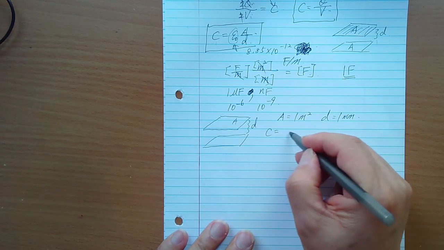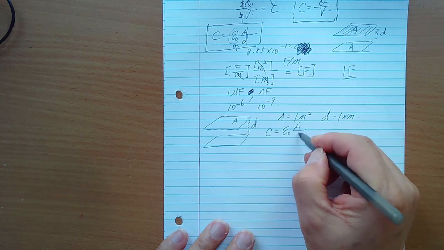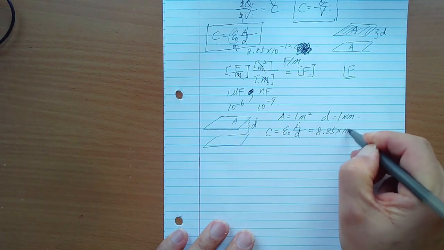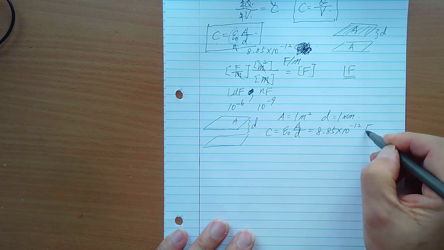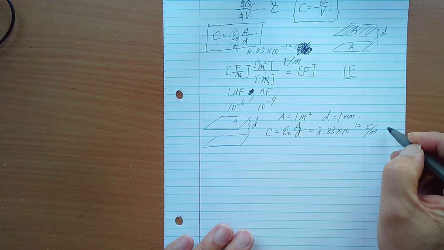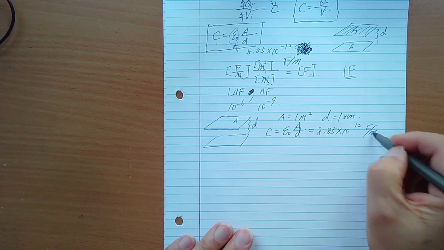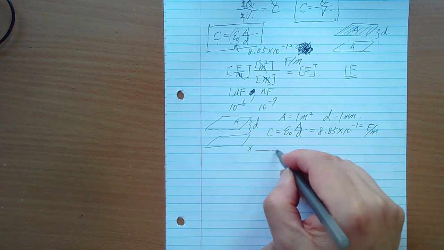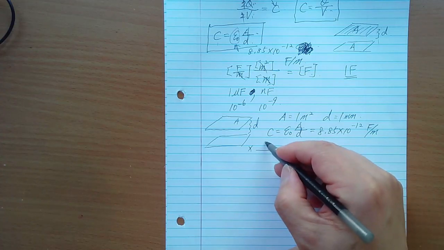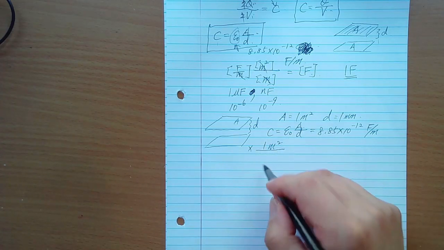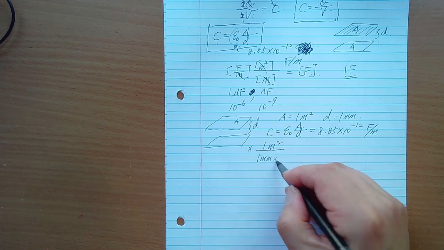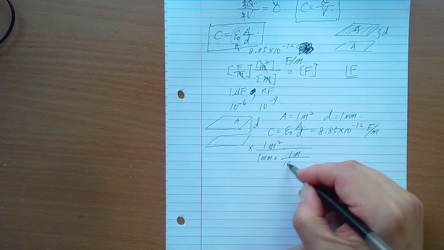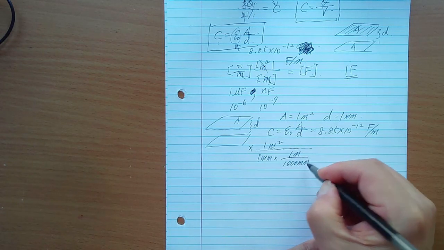So C again equals epsilon 0 A over D, which is 8.85 times 10 to the negative 12 F per m, times A, which is 1 meter squared, over D, 1 millimeter, and we know 1 meter is equivalent to 1,000 millimeters.